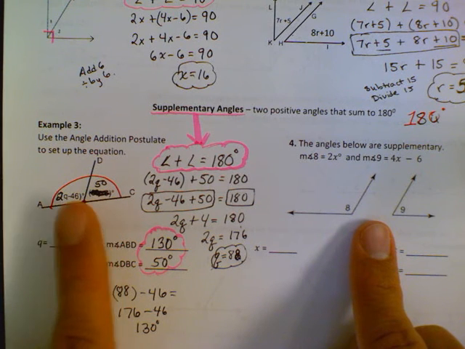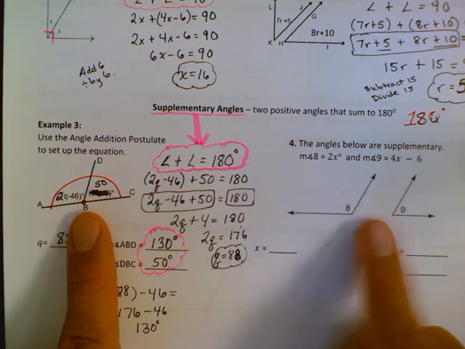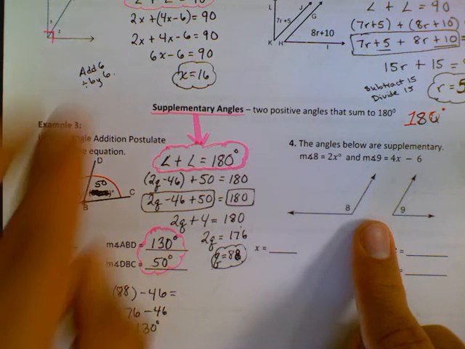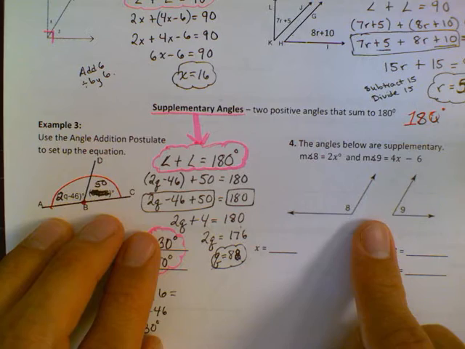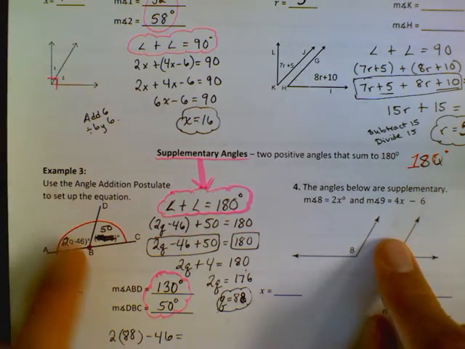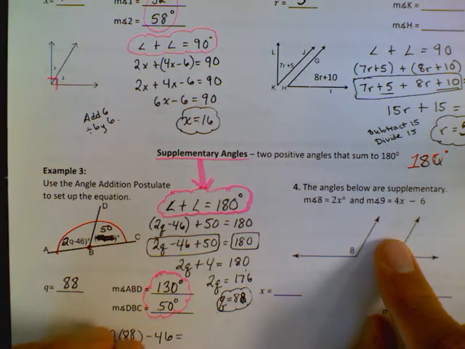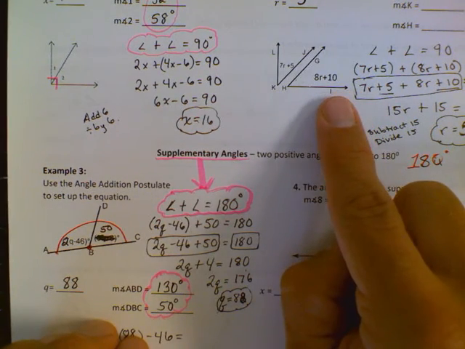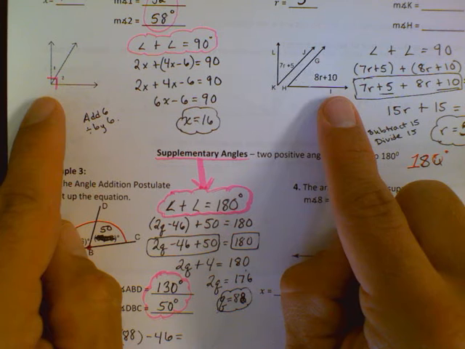What's the difference between this situation on the left and this situation on the right? So on the left, what's going on? It's an obtuse angle. Okay, yes, this is right and this is obtuse, but more than that. How many angles do you see here? How many angles do you see here?